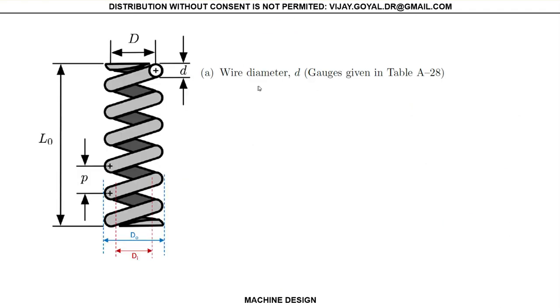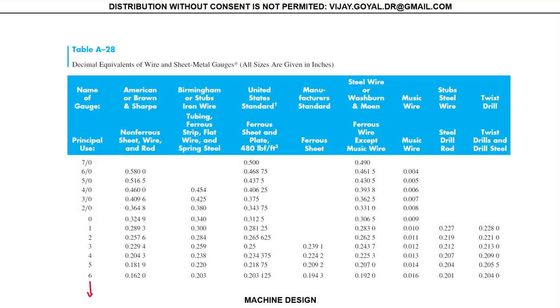So basically we want to find this wire diameter, and the wire diameter is going to come from your table A28, and this list is just a sample. You can keep on going down this table. Let's suppose I want to work with gauge number 2. Then you just go along this list and find which type of wire diameter you want.